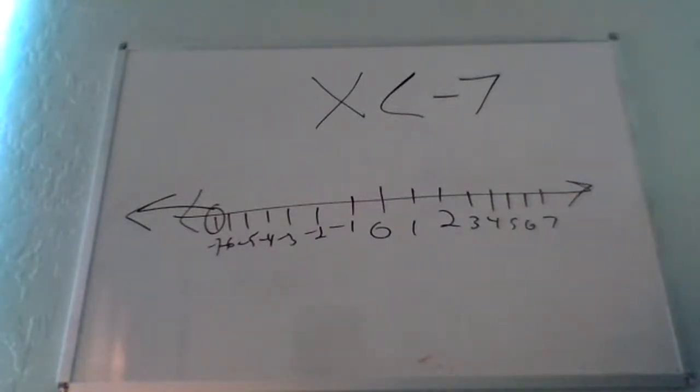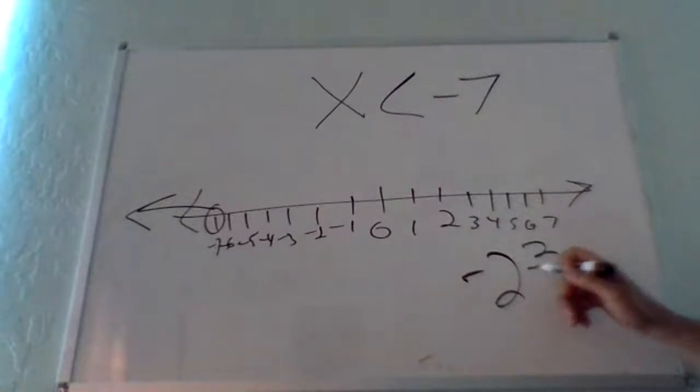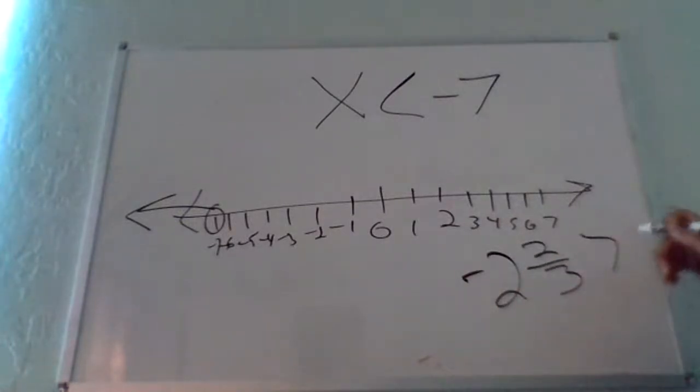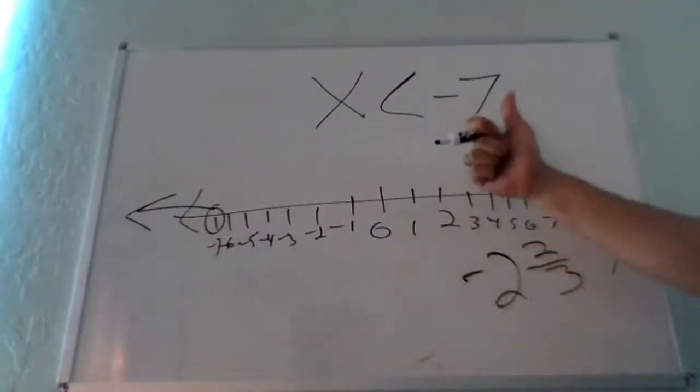Right? Because negative 10 thirds would be negative 3 wholes and 1 third, which is still greater than negative 5. Because as we get closer to 0, the number is bigger, right?